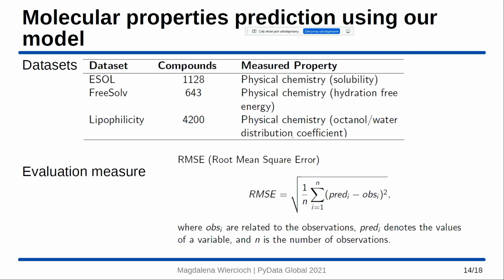And in general, here we randomly split the data set into training, validation, and test set. And furthermore, when we work on regression tasks, we use root mean squared error as the performance metric.